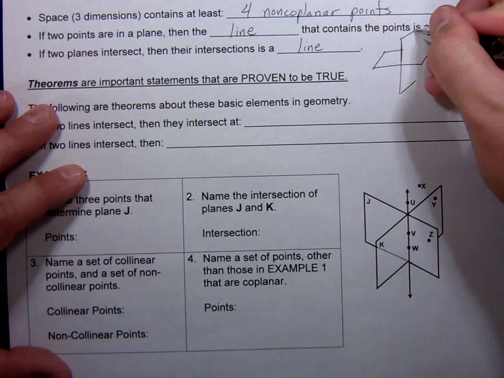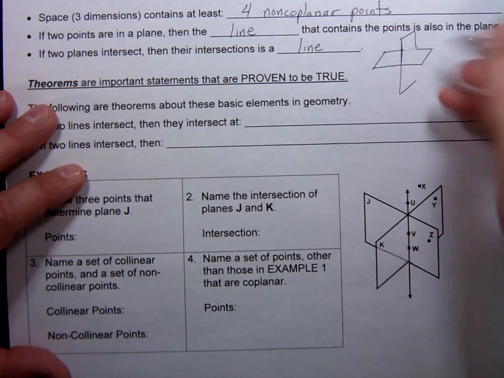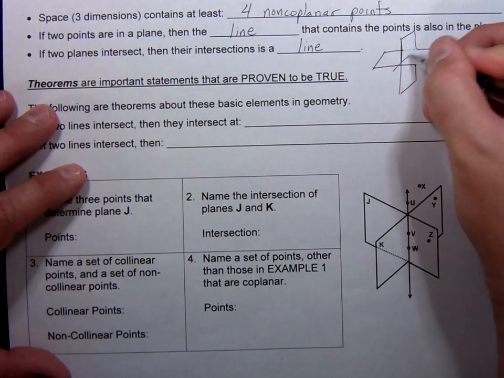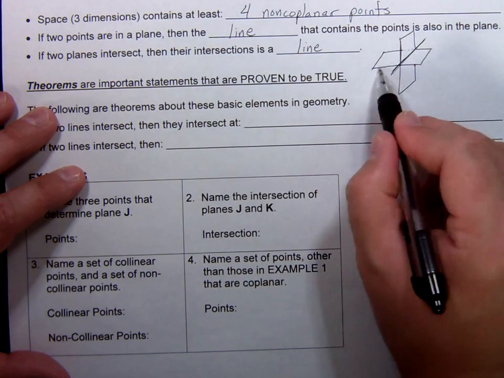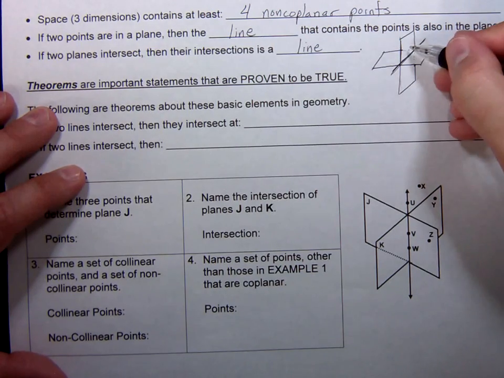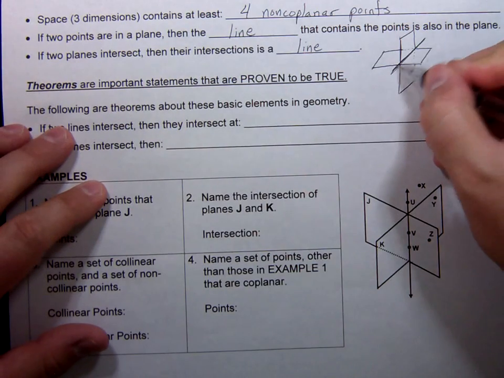Okay, now what I am trying to accomplish here is the look of 2 planes intersecting. So you have one plane right here, and you have another plane right here, and those 2 planes are intersecting each other right along this space right here.